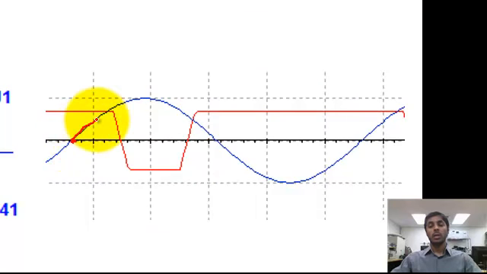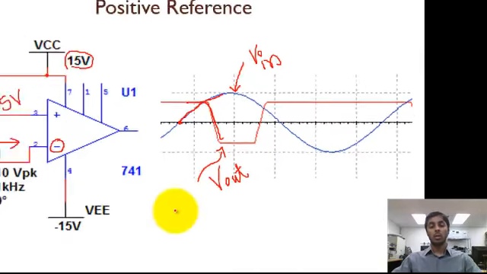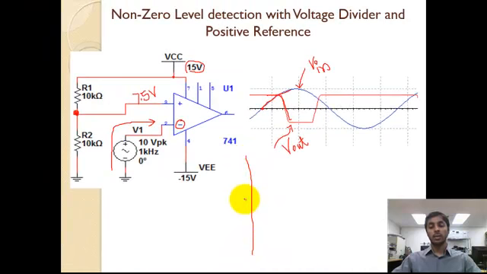as the input signal rises, the output signal drops. Here the blue one is the input signal and the red one is the output signal. In this case, the reference is still a positive 7.5. So let's draw that I/O characteristics again in much more detail.